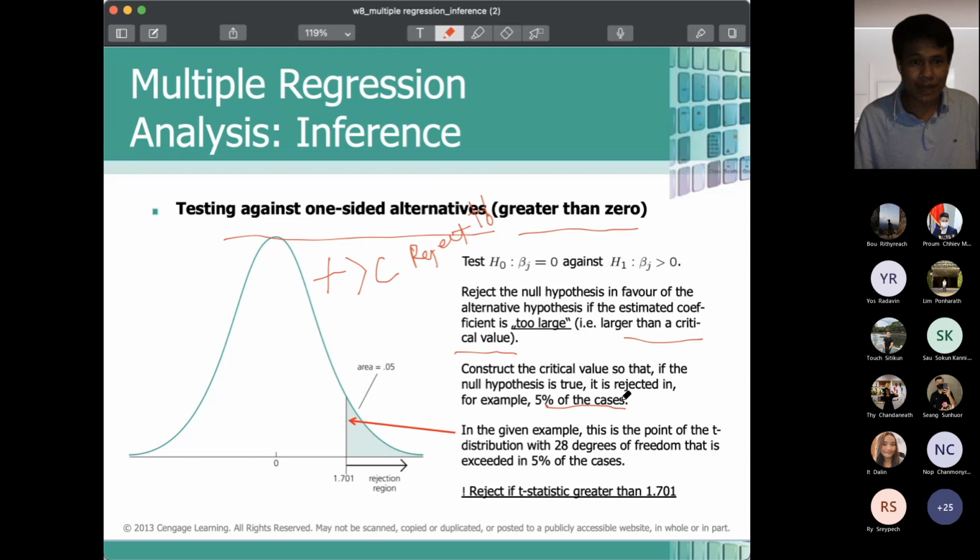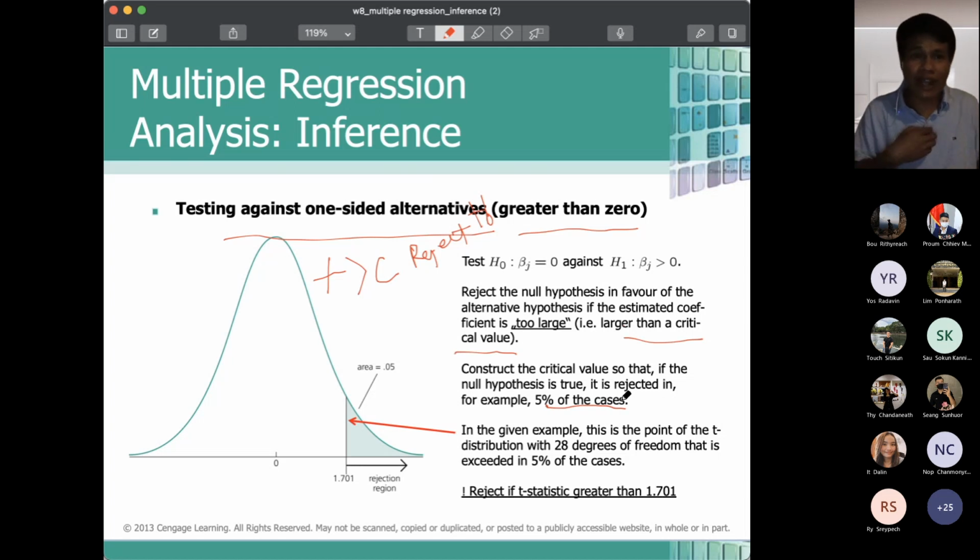Meaning that the null hypothesis is true only if there is only a 5% chance that the population parameter equals 0.